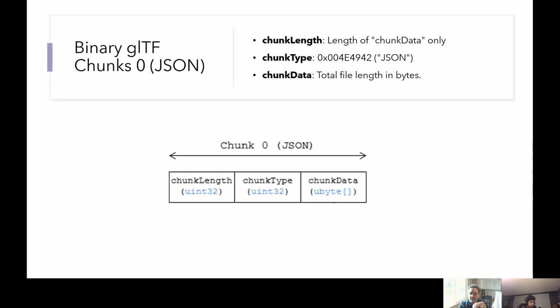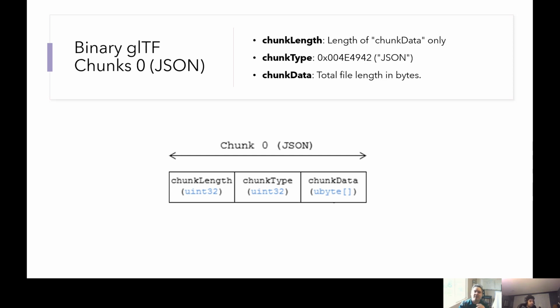The first bit is the chunk length. So how long is the chunk data? The second is the chunk type, which in this case is a magic number that results in the letters JSON. And then the third section is our actual data, which is the JSON file.